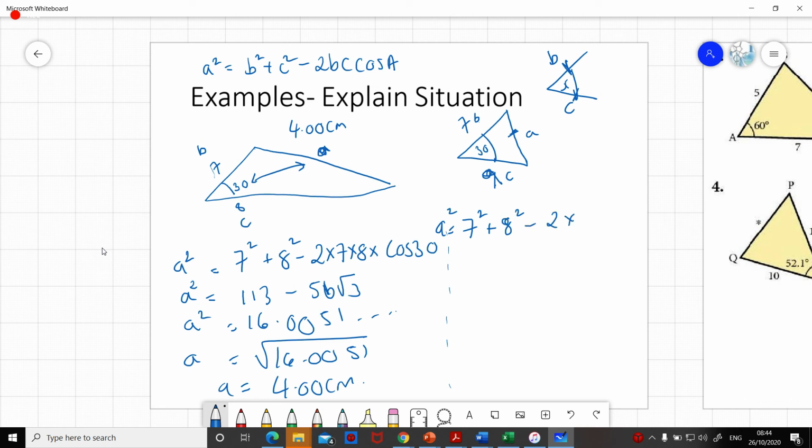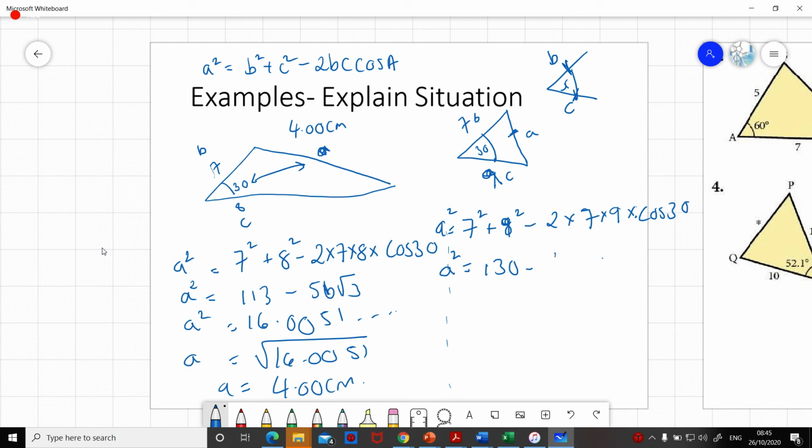Sorry, I apologize, that should be 9. So a squared equals 7 squared plus 9 squared minus 2 times 7 times 9 times cos 30. Simplifying, 7 squared plus 9 squared gives me 130. Sorry guys.